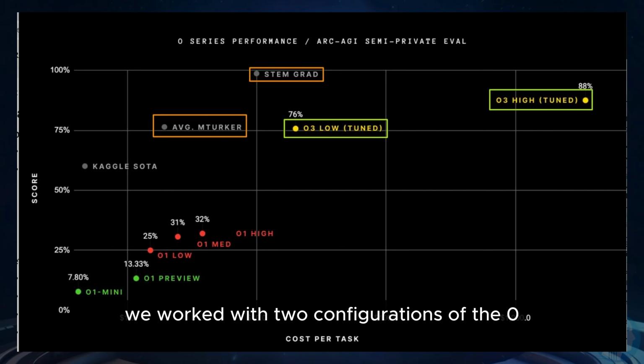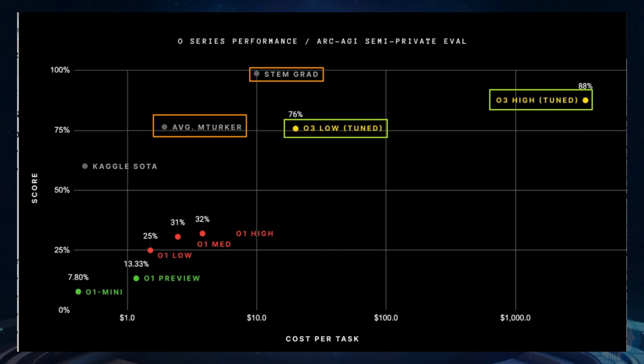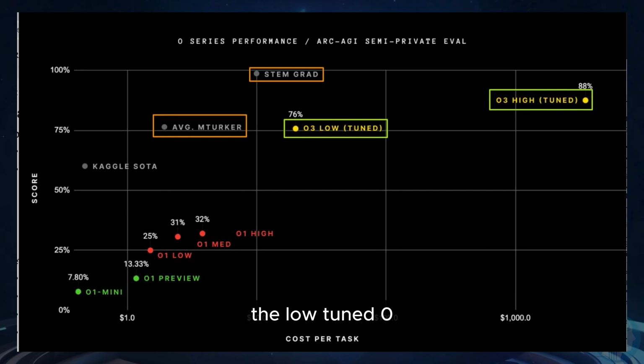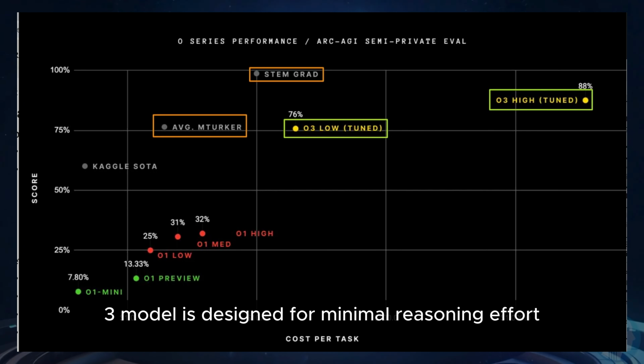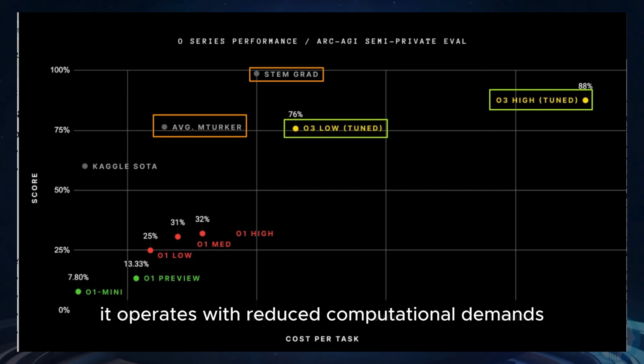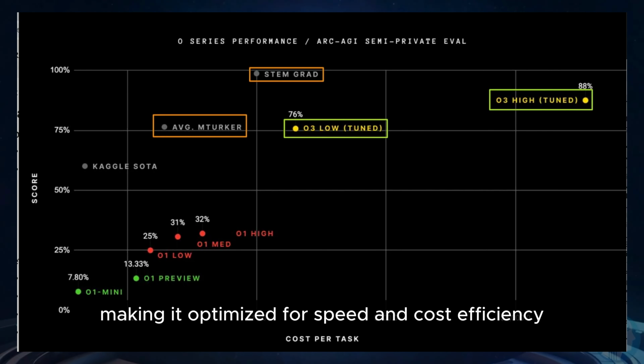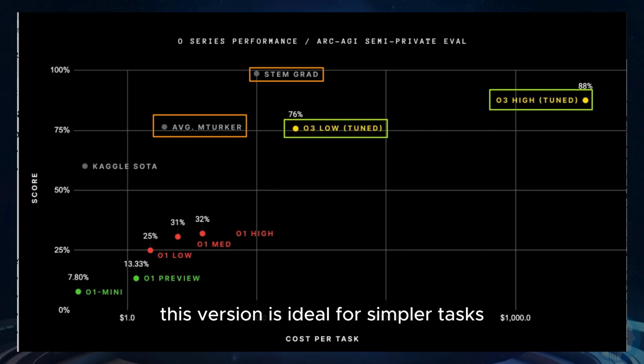We worked with 2 configurations of the O3 model, one with low tuning and the other with high tuning. The low-tuned O3 model is designed for minimal reasoning effort. It operates with reduced computational demands, making it optimized for speed and cost efficiency. This version is ideal for simpler tasks, such as basic coding and straightforward problem-solving, where deep reasoning isn't necessary.